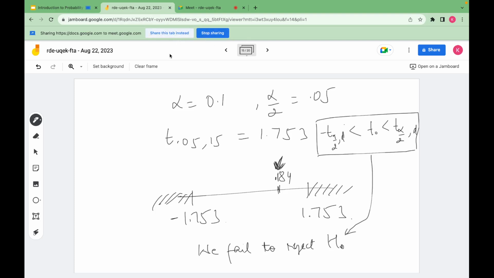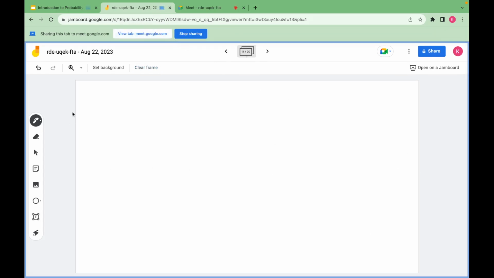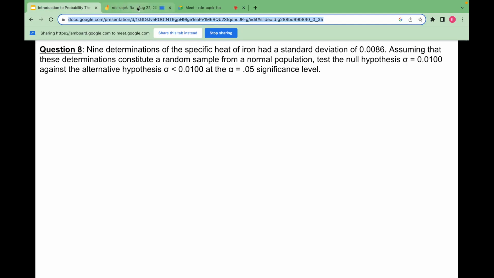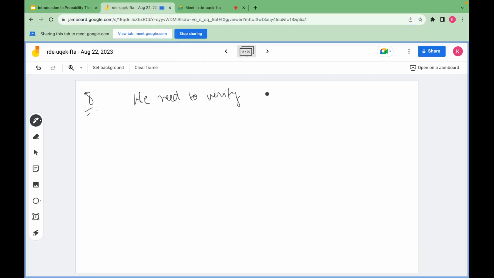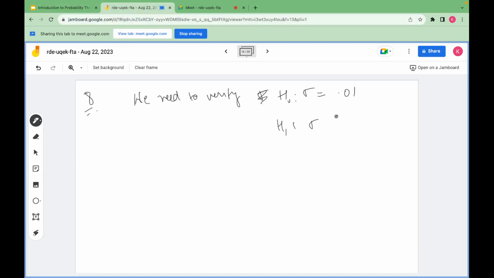In this question we need to verify whether sigma is equal to 0.01 or it is less than 0.01. This is the alternative hypothesis, and this is the null hypothesis.